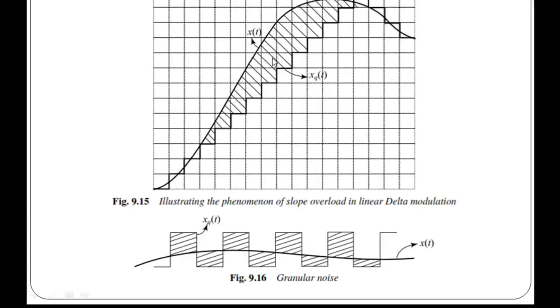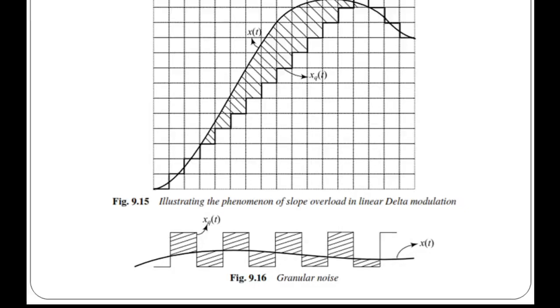It occurs whenever there is a very large slope, because the step size is fixed. At each sampling instant it increments by a fixed size, so there will be a large difference between the actual signal and the approximated signal.